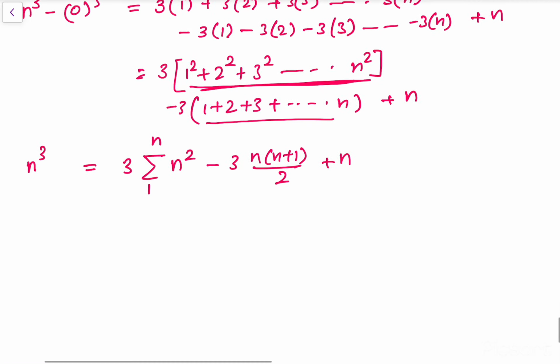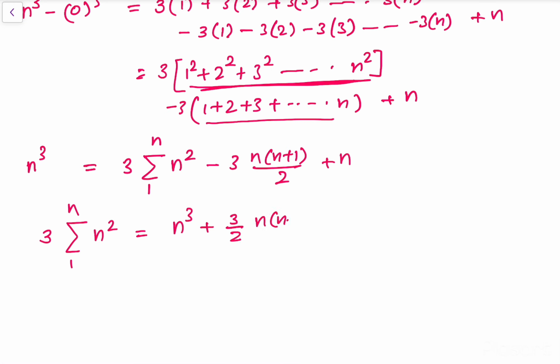Finally what will we get? We get 3 times sigma n square from 1 to n is equal to, taking all the n cube and all the elements of n on one side, n cube plus 3 by 2 n(n+1) minus n.